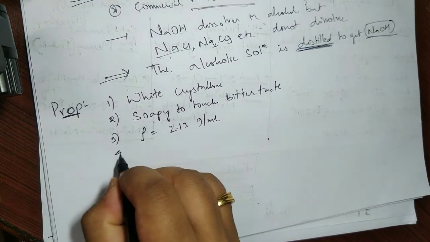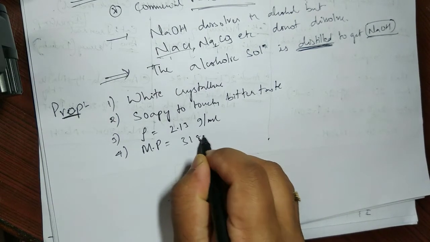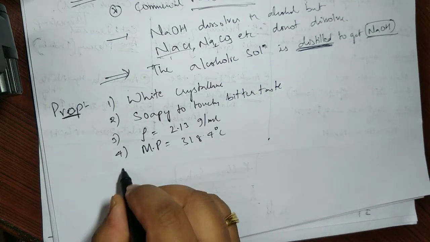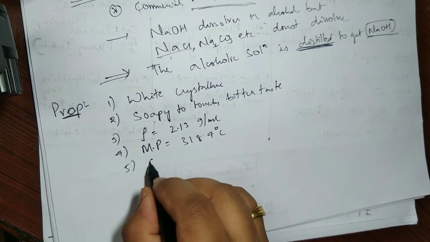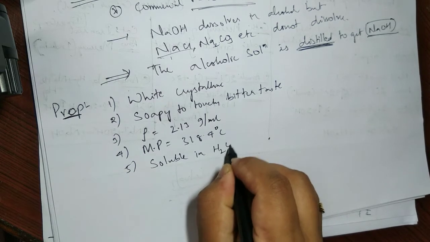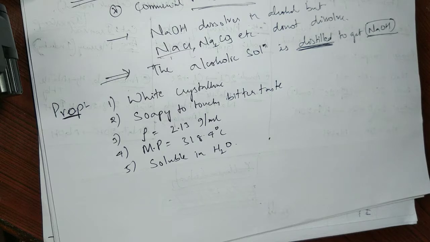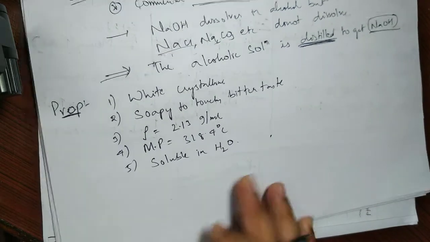The melting point is high, somewhere around 318.4 degrees Celsius. Is it soluble in water? Yes, it is soluble in water, and it is also soluble in alcohol. Fine, so these are the basic properties.